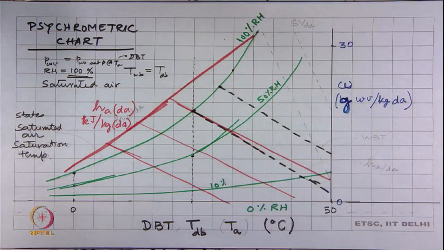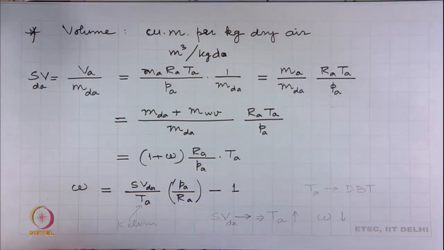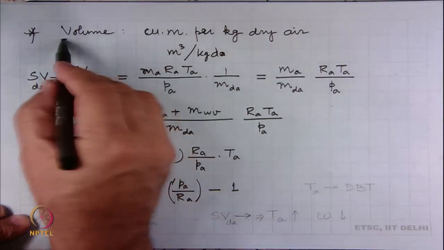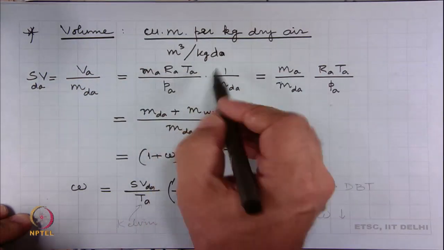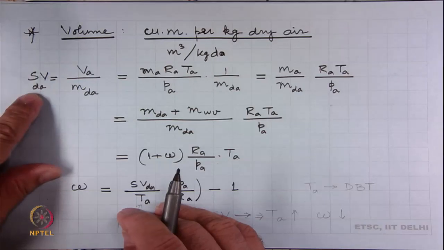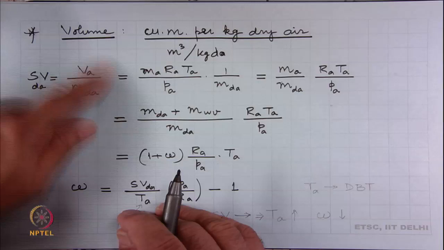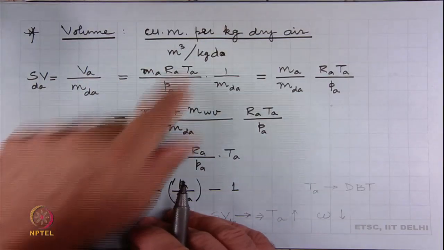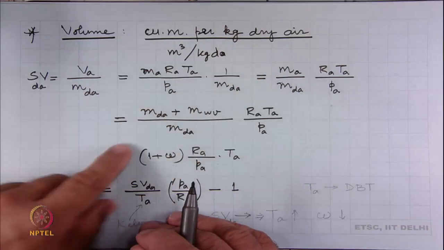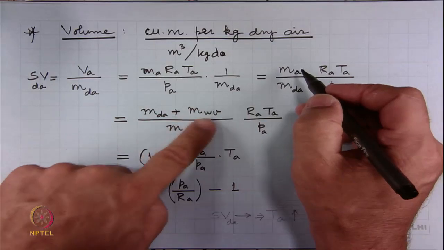So, that tells you yet another line, and finally, we have lines for the specific volume. This is cubic meter per kg of dry air. So, we can write specific volume on a dry air basis as VA upon MdA. VA can be written as MA RTA by PA into 1 upon MdA, and when you simplify that, we can write mass of air as mass of dry air plus mass of water vapor.